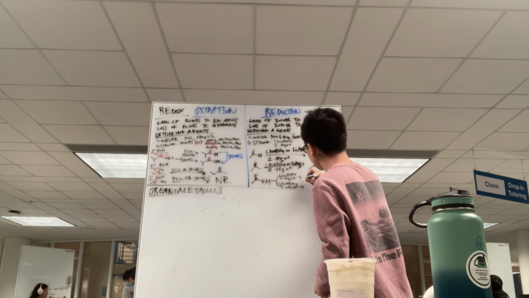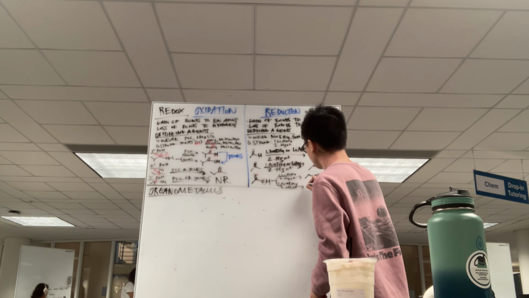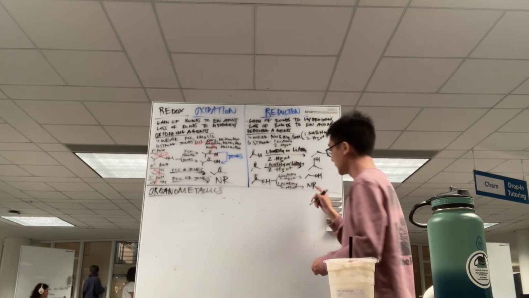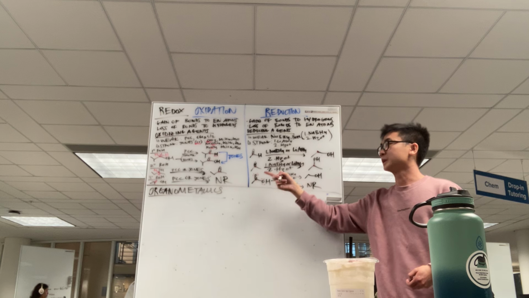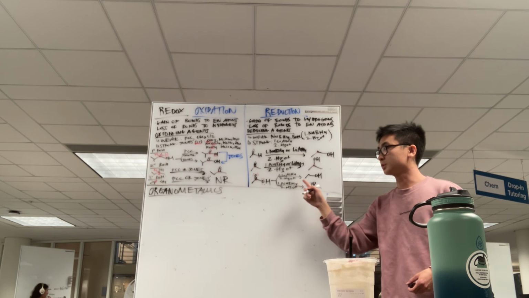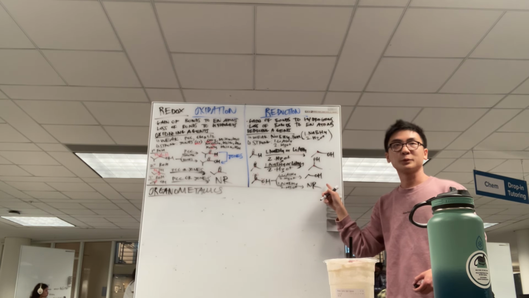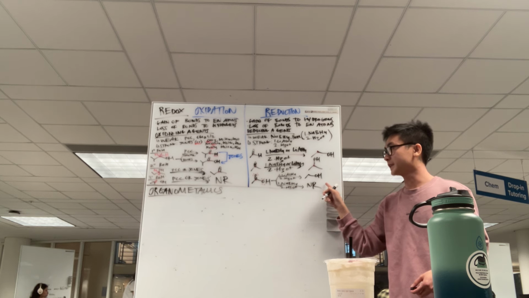A stronger reducing agent reduces the carboxylic acid into a primary alcohol. A weak reducing agent, NR. So Liebens has tested like this before, where she tested if a carboxylic acid can be reduced by sodium borohydride or not. The answer for her would be no reaction. No reaction. Okay.